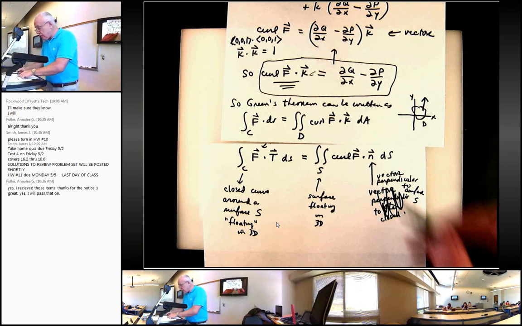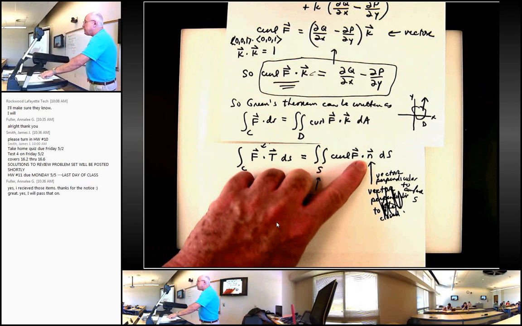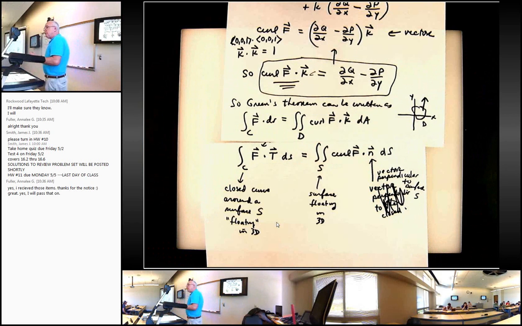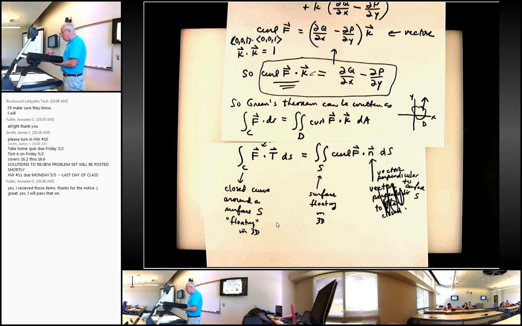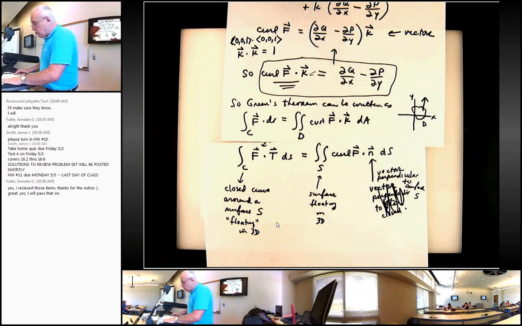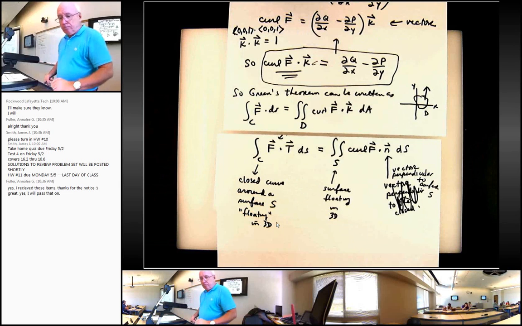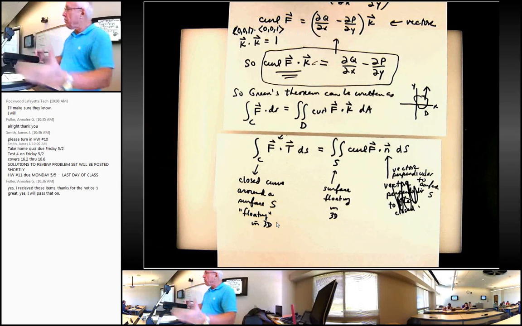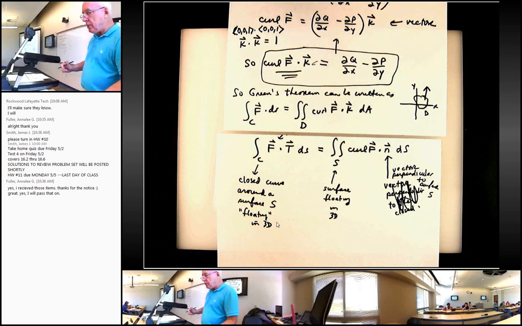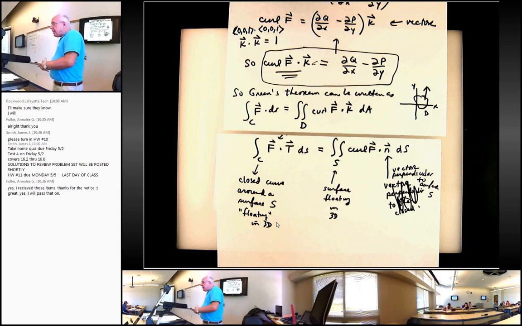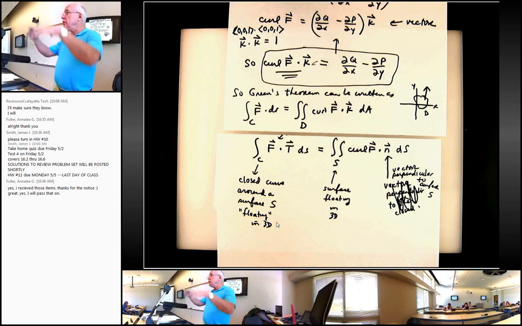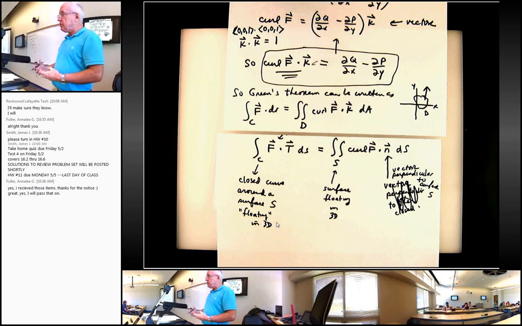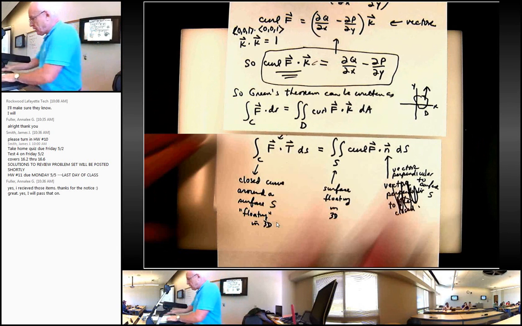Well, in the general case, this N that we're dotting with is a perpendicular vector to our surface that's floating around. So Stokes' theorem is a 3D version of Green's theorem, or another way of saying this is that Green's theorem is really just a special case of the more general Stokes' theorem.